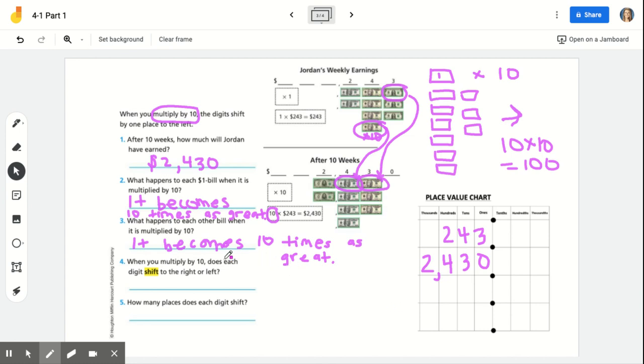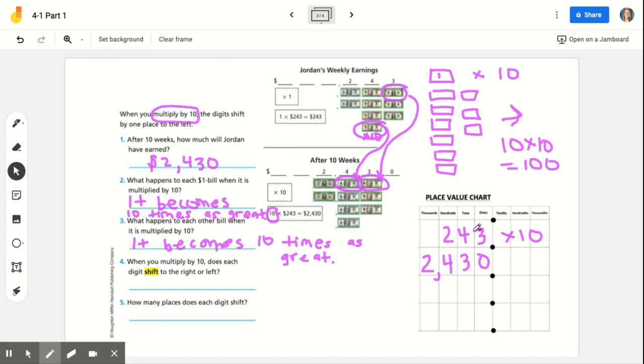Take a look at those digits. What happened to each digit after we multiplied by 10? Number 4 asks, when you multiply by 10, does each digit shift to the right or to the left? Well, my 2 went from the hundreds to the thousands. My 4 went from the tens to the hundreds.